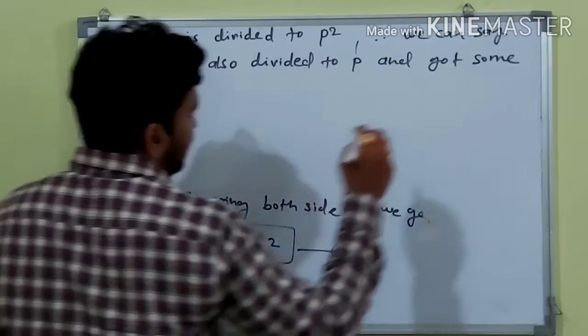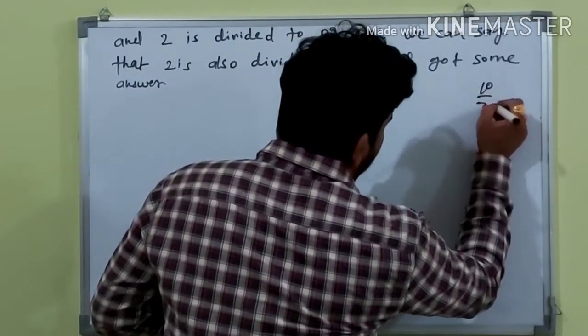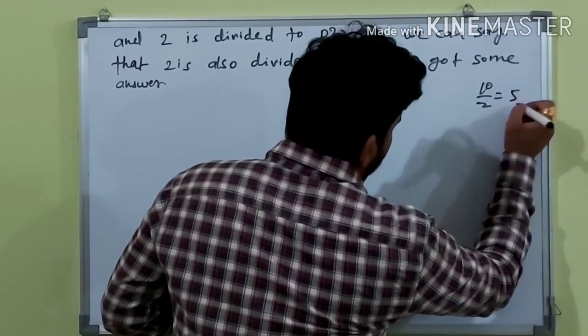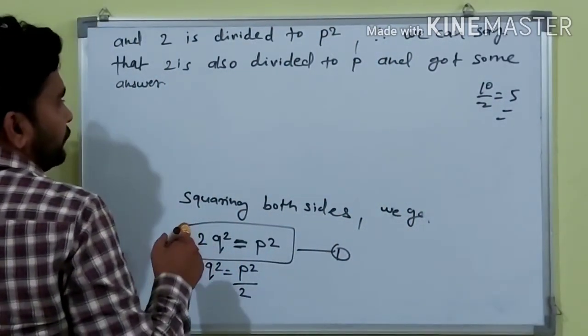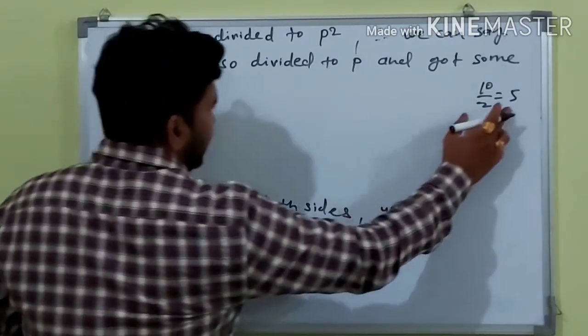Which answer? Means that when we divide 10 by 2, that means we got answer 5 after division of 2 to the 10. Okay, so we got answer 5.